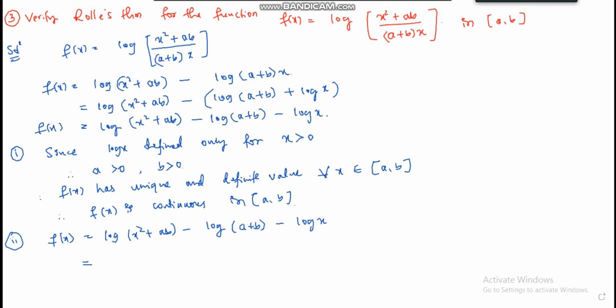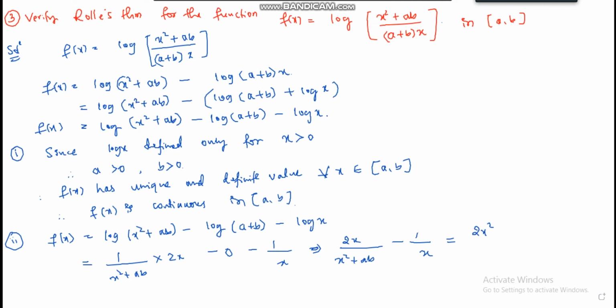So it is 1 by (x square plus ab), and d by dx of x square plus ab is 2x, and minus of log a plus b: these two are constants, so we directly take 0. Minus of log x differentiation is 1 by x. Now simplify that, so it becomes 2x divided by x square plus ab, minus 1 by x.